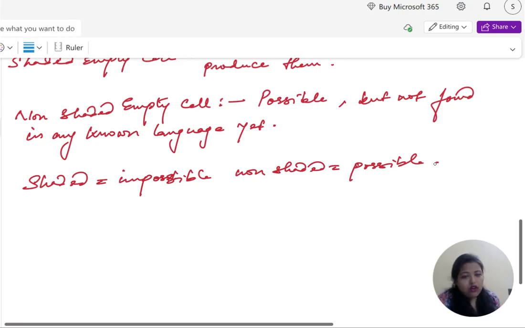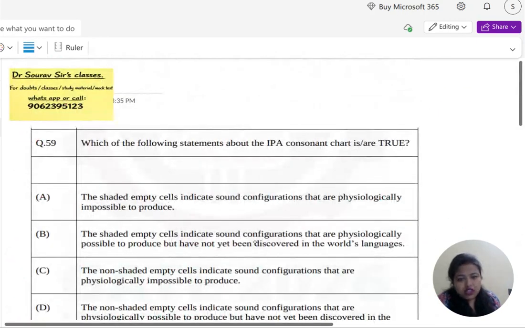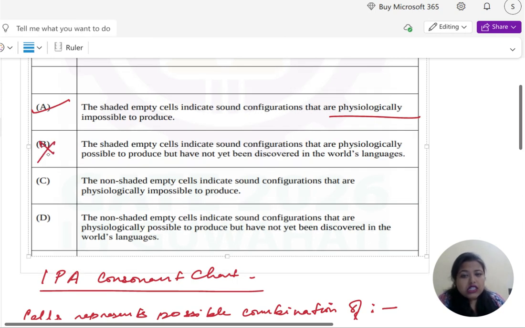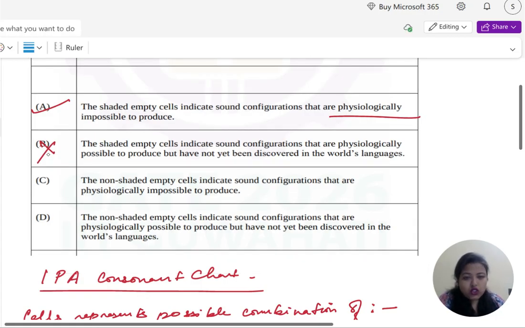Now let's focus on the question options. It says the shaded empty cells indicate sound configurations that are physiologically impossible to produce. Yes, that's what we just said, the standard IPA principle. That is correct. Coming to B, the shaded empty cells indicate sound configurations that are physiologically possible to produce but not yet discovered. No, this is about non-shaded.